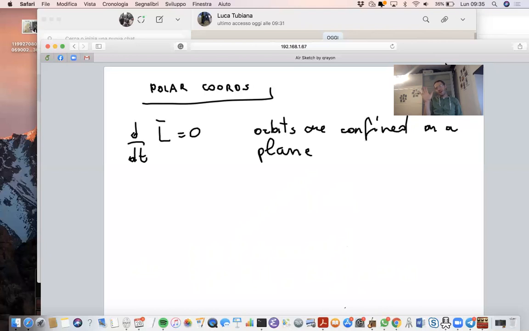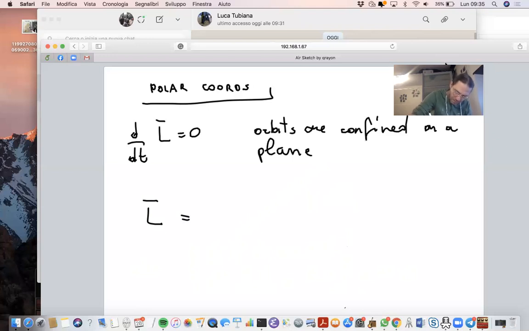Now, this would imply that the angular momentum of the particle would have changed direction, because remember, angular momentum is given by r cross p, the mass times velocity.